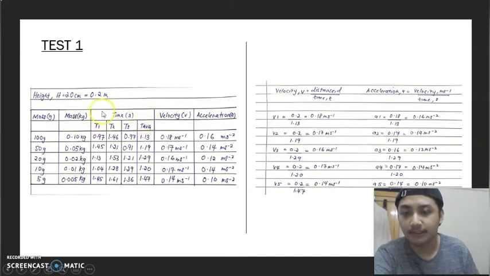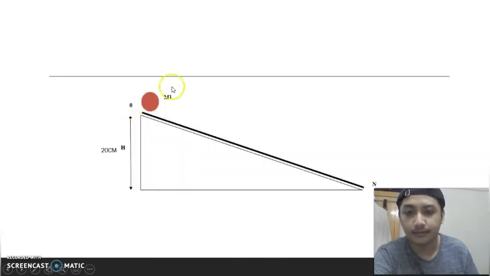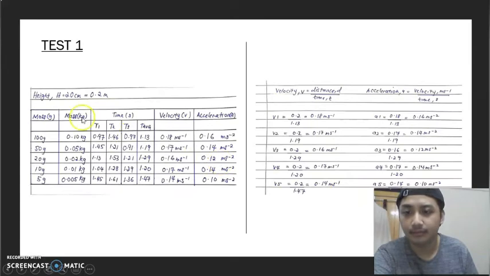The time is the time recorded for M1 from the top to the bottom, from O to N. For each mass of M1, we take the time record 3 times. We add all these 3 and divide by 3, so we can get the average time of M1 for each mass of M1.